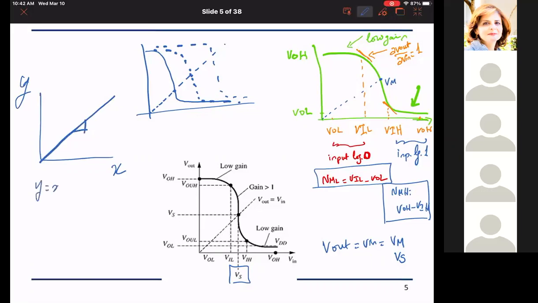Y equals X. Now I have the graph here of V out versus Vin, right? So the intersection of the 45 degree line with the graph represents the point where y equals x, where V out equals Vin. Clear? Yes, thank you Hisham. Great.